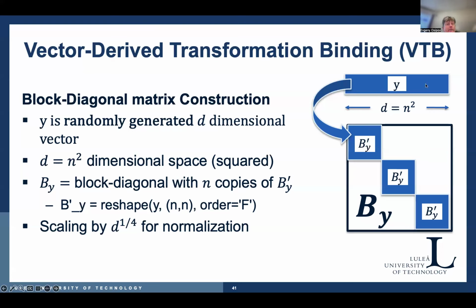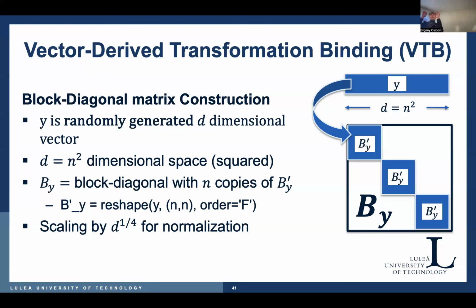So basically, you have a vector, p, your predicate. You generate it randomly, but then you form a matrix. And how do you form a matrix? You fold this vector into a small square matrix.